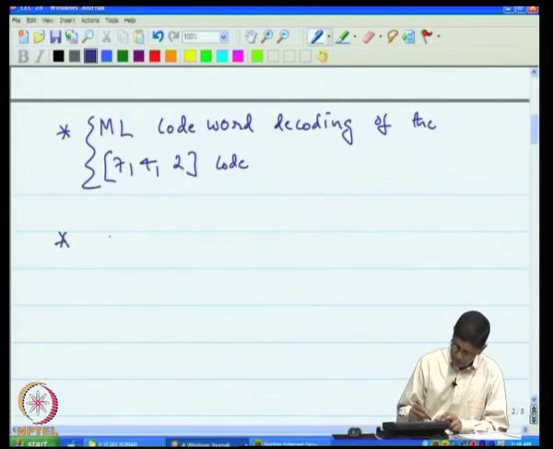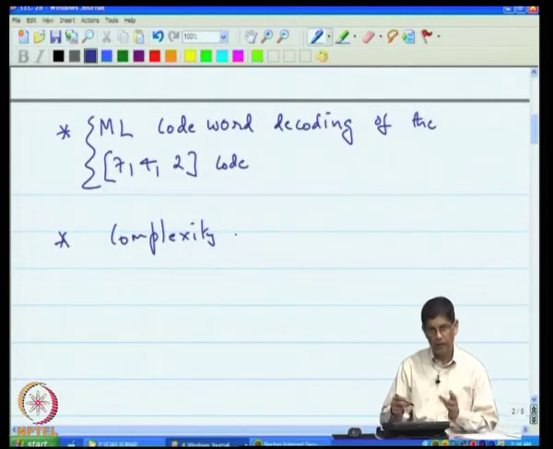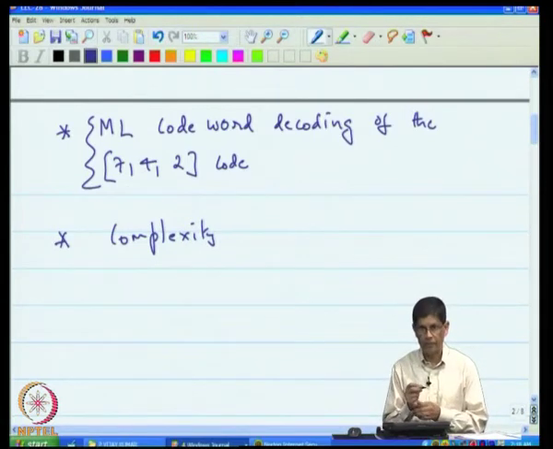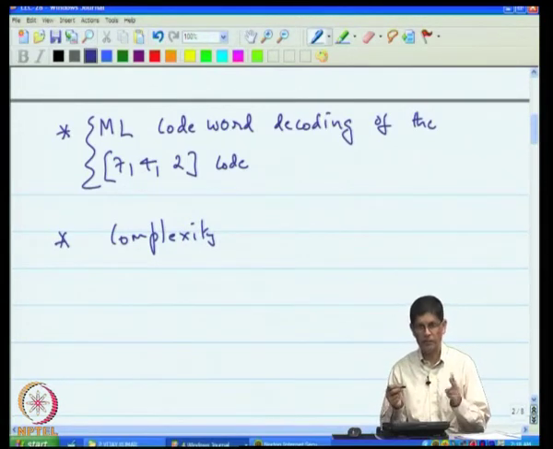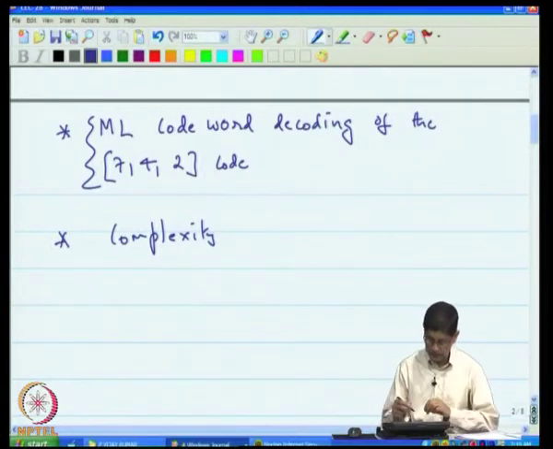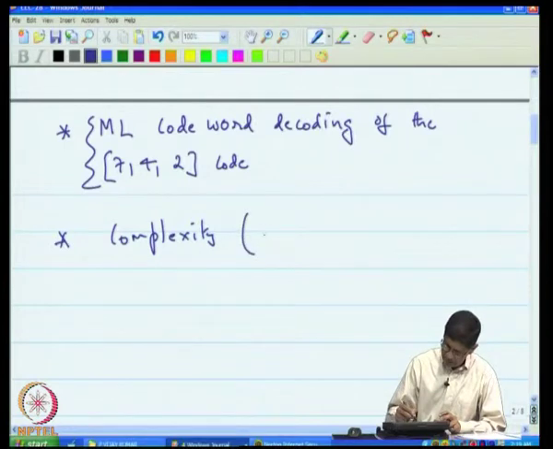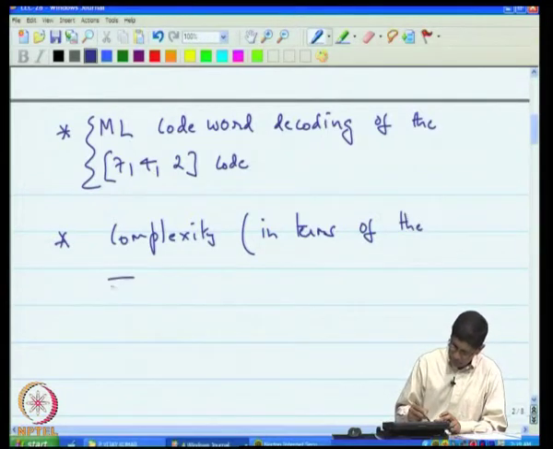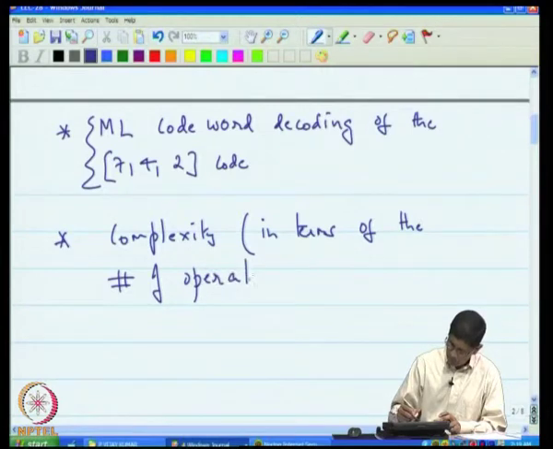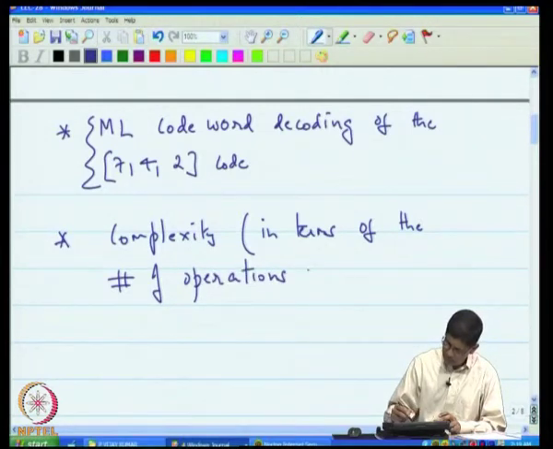We looked at complexity as measured by the number of additions and multiplications, or at least the number of operations, because the operations could be addition and multiplication, but they could also be taking the max and multiplication. So, I will just say complexity in terms of the number of operations needed.